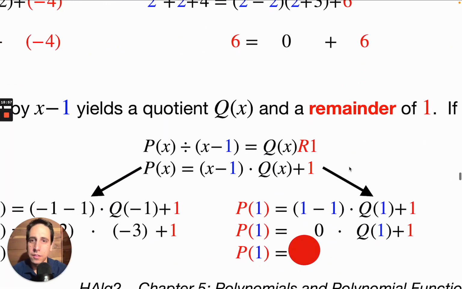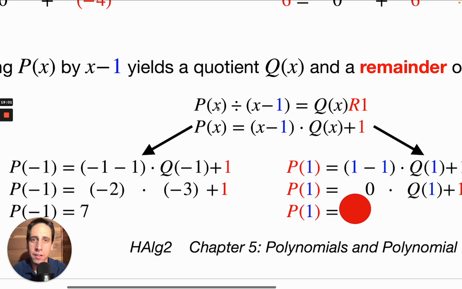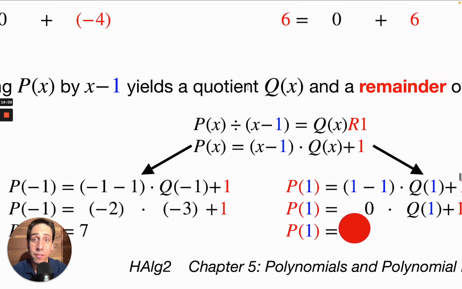So the first step is going to be taking what they've given us, reading this, p of x divided by x minus 1, which will symbolically look like this. I encourage you to write this down. P of x divided by x minus 1 is equal to q of x, I don't know what the q of x is, they don't tell me, but they do tell me what the remainder is.